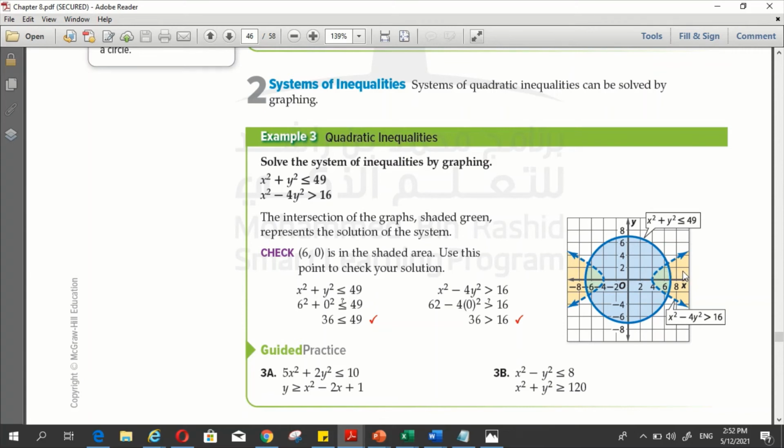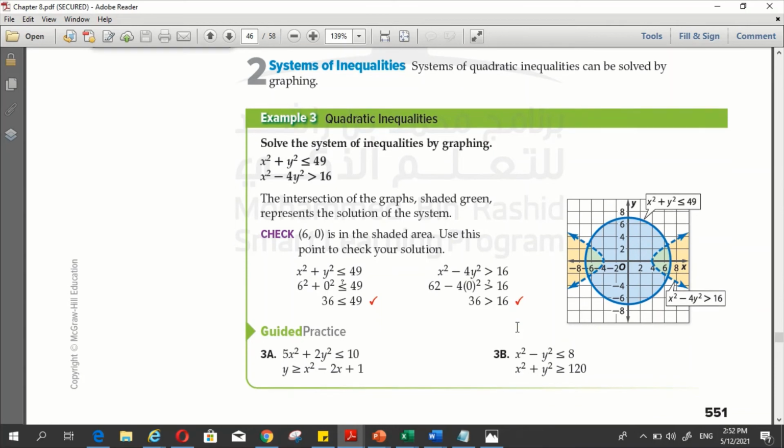The same thing for the hyperbola. I'll take 2 points, one of them outside the hyperbola and the second one inside. Substitute in the inequality and see which one of them is correct. That's it. After that, the solution region will be the intersection region. That's it. Done. Which is the green region here.